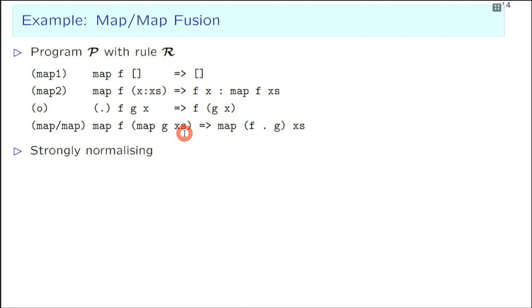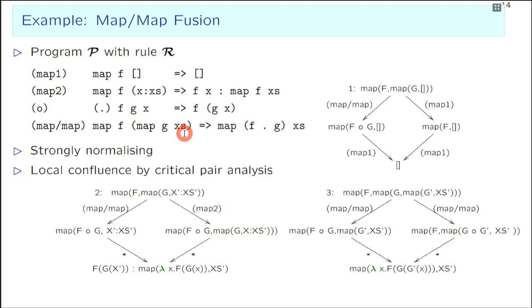And also, again, we can show local confluence of this rewrite system by enumerating critical pairs and checking joinability of all of them. So in this case, again, there are 3 critical pairs, and all of them are joinable.